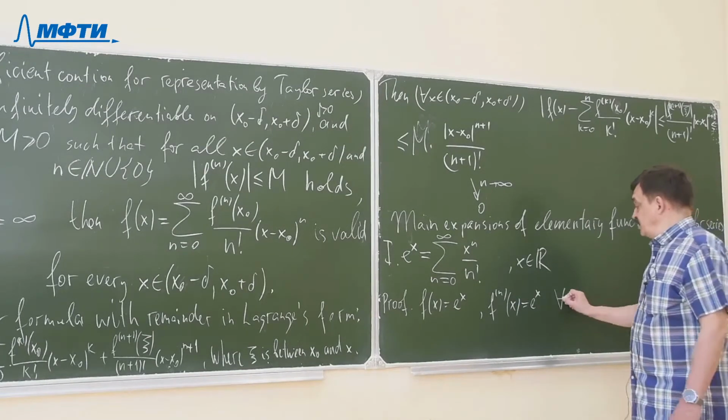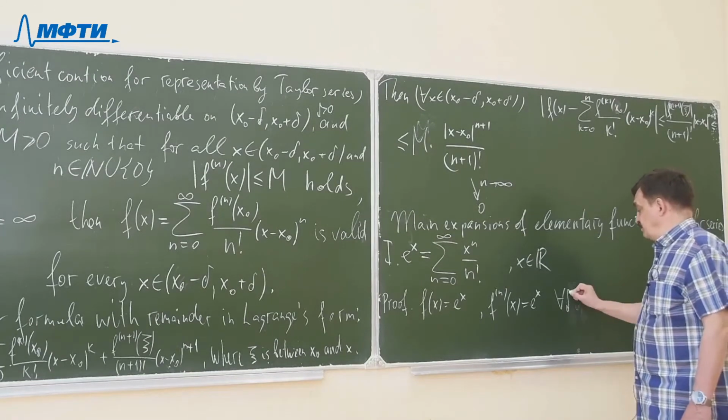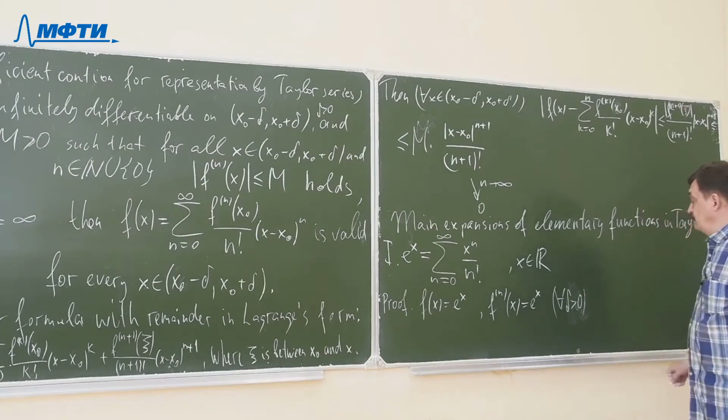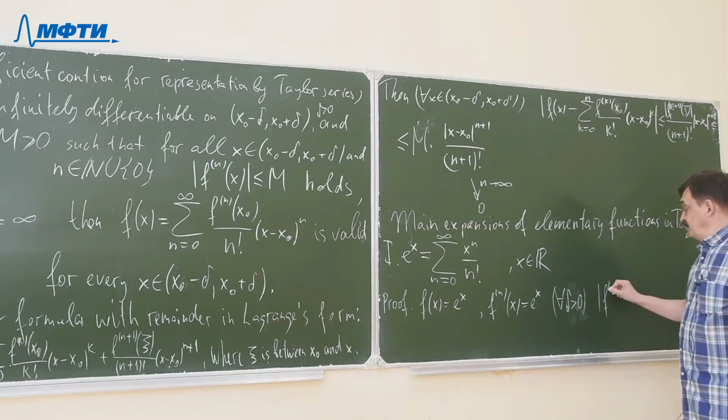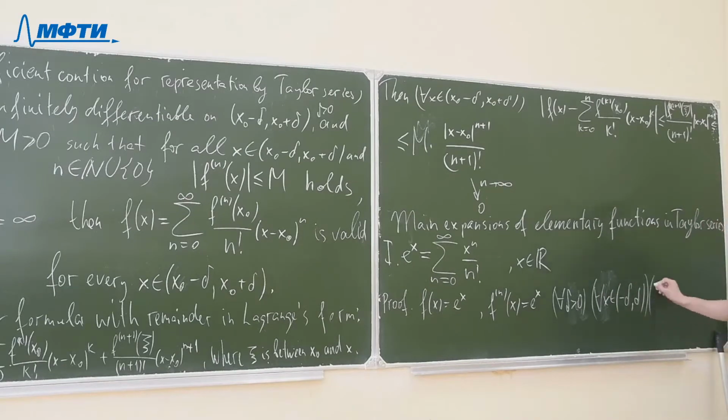Hence, for an arbitrary finite interval minus delta, okay, for arbitrary delta greater than 0, we have the following estimate for arbitrary x in the interval minus delta delta, and for arbitrary n natural and also 0, the derivative at x, which is e to the power x, is less or equal than e to the power delta.